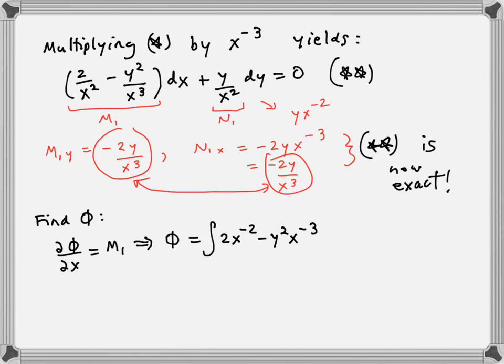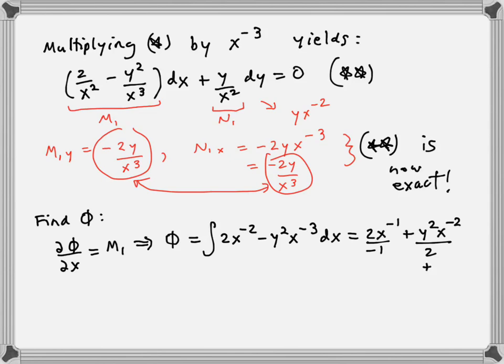I'm integrating that guy with respect to x. So if I integrate that guy with respect to x, I get 2x to the negative 1 over negative 1. And then if I add 1 to the other power, I get x to the negative 2 over negative 2, which becomes a positive. So plus y squared x to the negative 2 over 2.